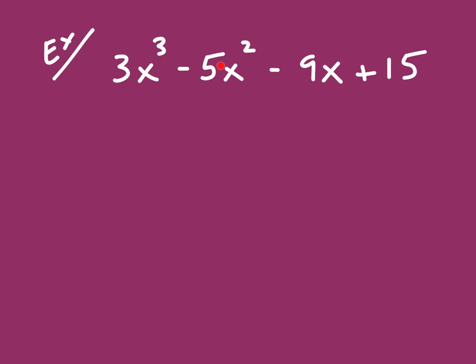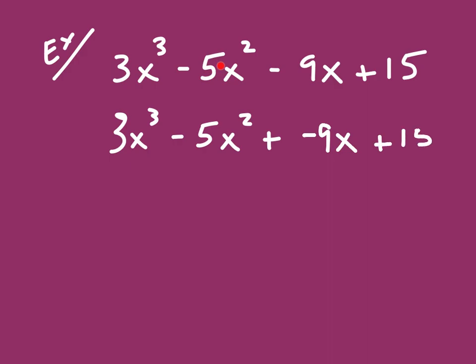So I rewrite the polynomial, changing this to a plus negative 9x, and then plus 15. That helps me keep the groups together and the signs where they need to be.